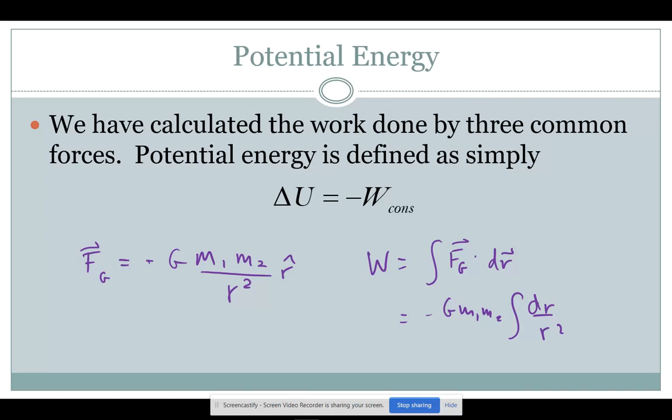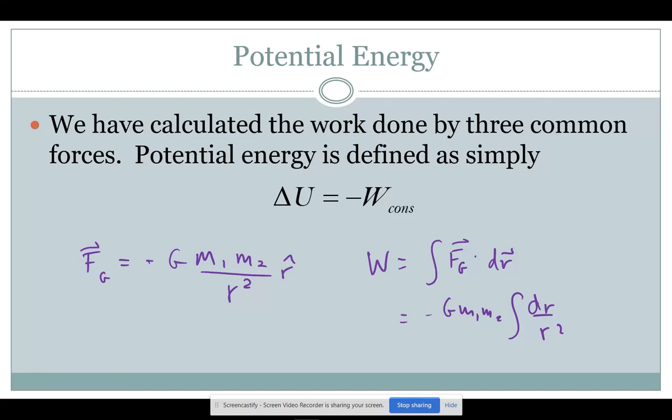And I have the integral of dr over r squared. Well, what's the integral of dr over r squared? We've done this integral already once today. It's negative 1 over r.